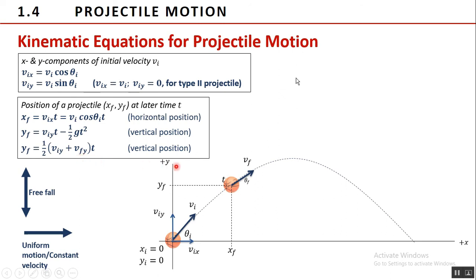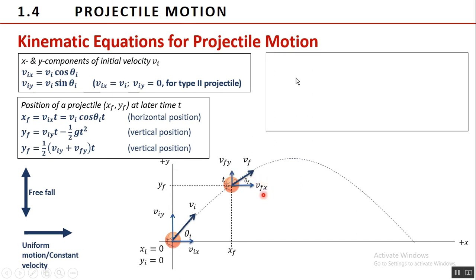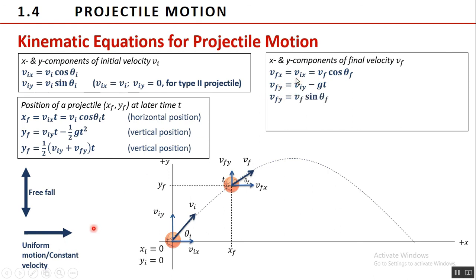As the projectile moves, its velocity is changing as well as the angle of flight. So to determine this final velocity v sub f, we need to solve for its x and y components first. V sub fx is also equal to v sub ix, knowing that a projectile moves horizontally at constant speed. For the y component of the final velocity v sub fy, we use again free fall equations.